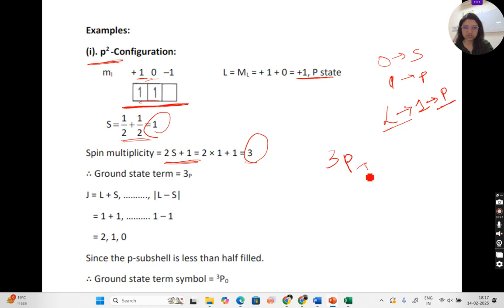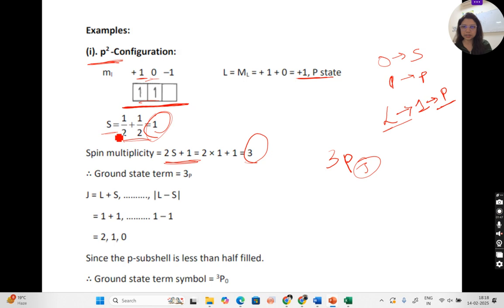Now here remains J. So what is J? In the case of J, it is from L plus S to L minus S. L we have 1, and S we have also 1.